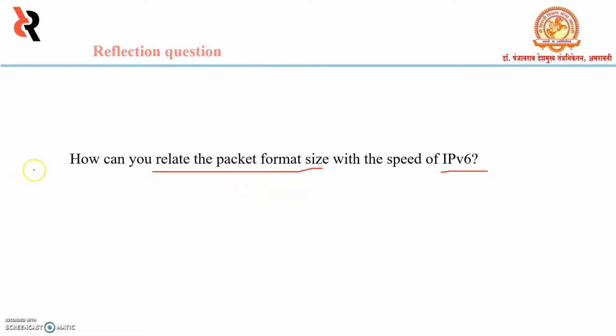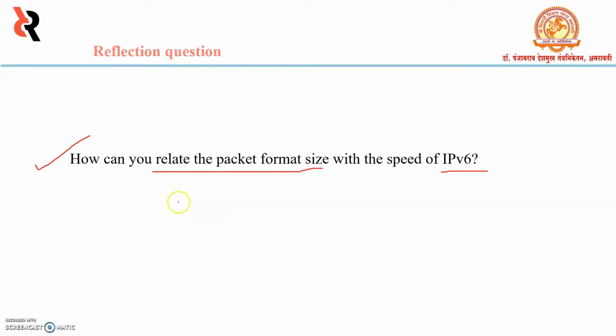That will be the basic reason why IPv6 is faster than IPv4. That is due to the packet format size, field size 12.